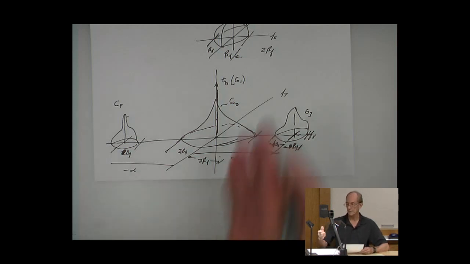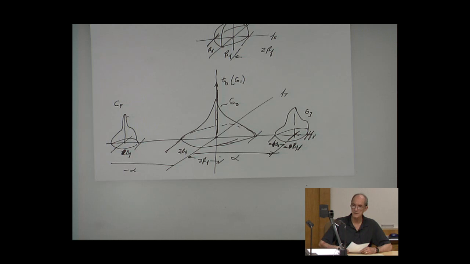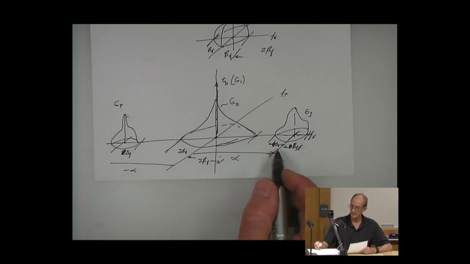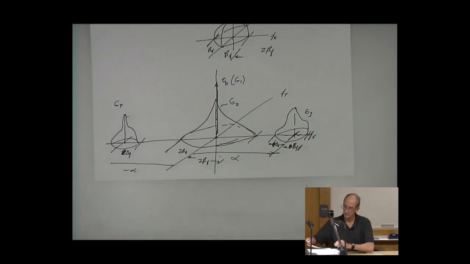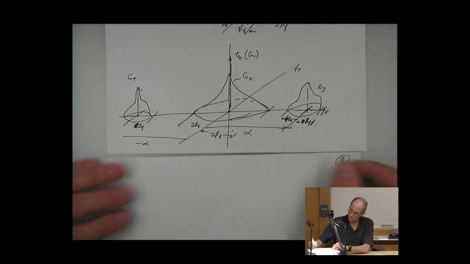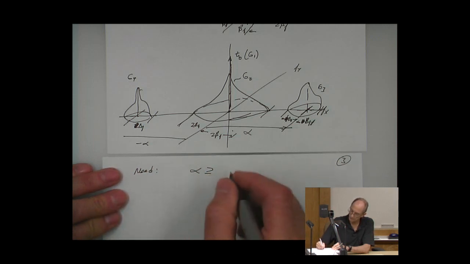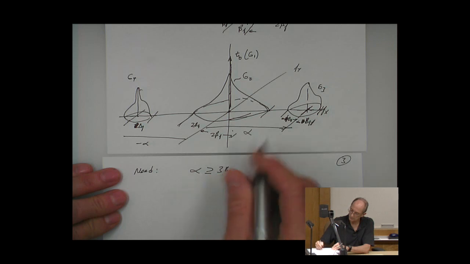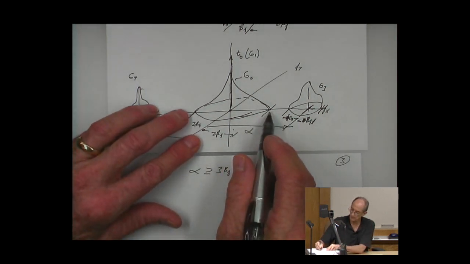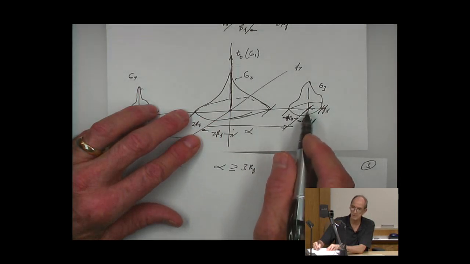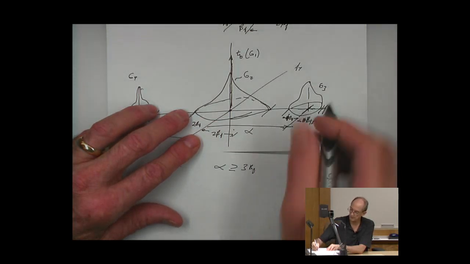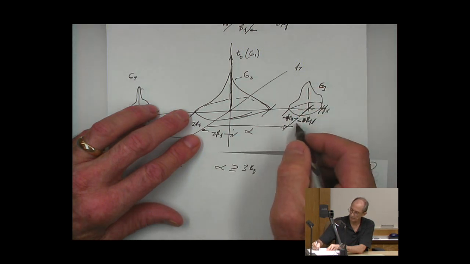So now, if you look at this, you can immediately see what requirement you need on alpha in order not to have ambiguity in the reconstruction. It's 3BF. Alpha must be greater than or equal to 3BF in order to get us away from this autocorrelation and not have overlap with this other shifted element located alpha away, which has a width of BF.